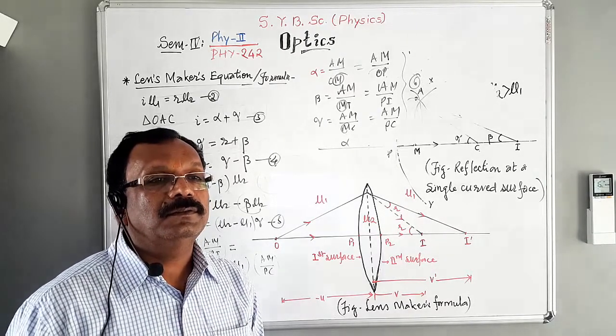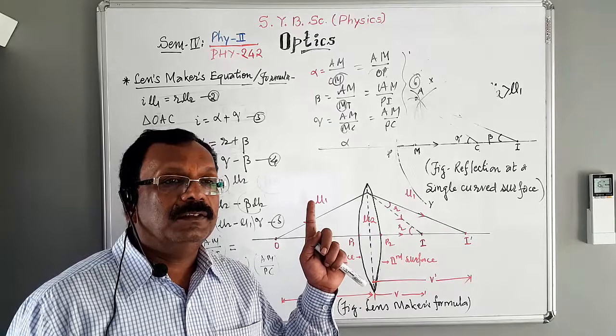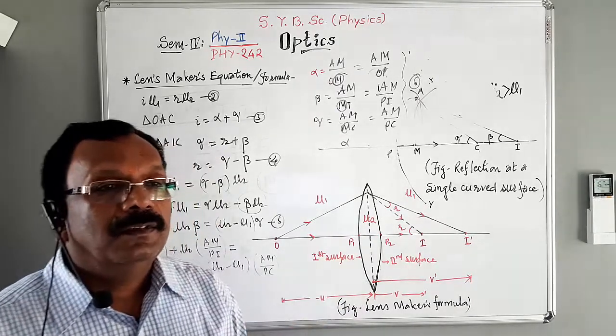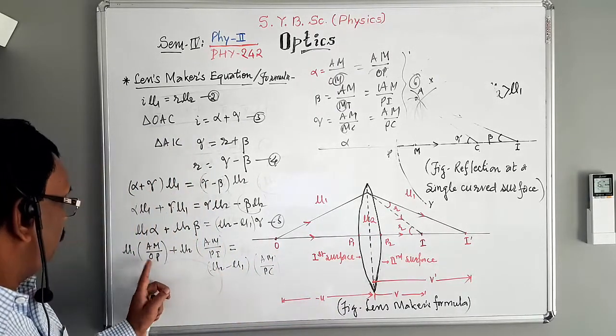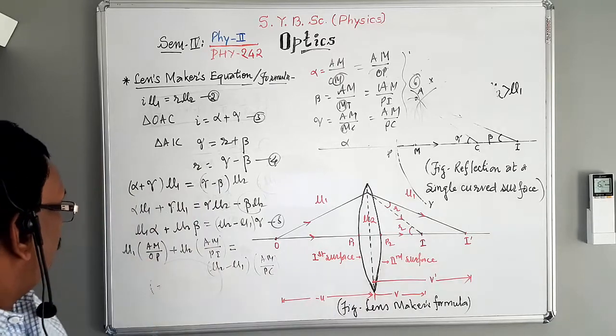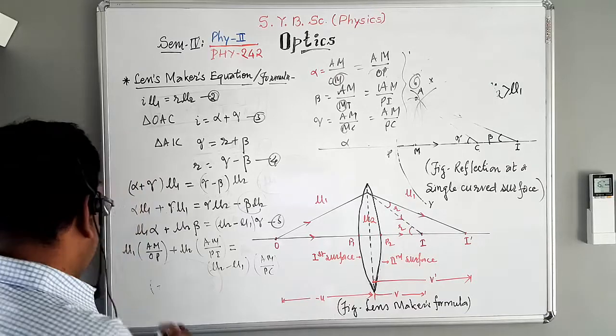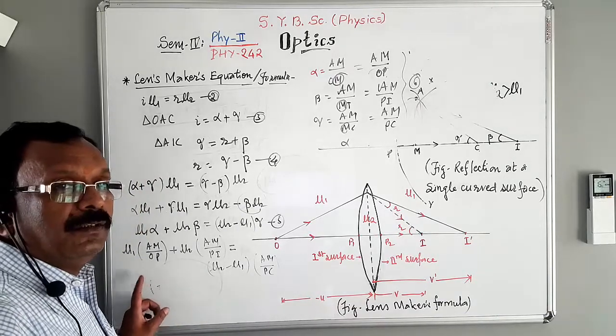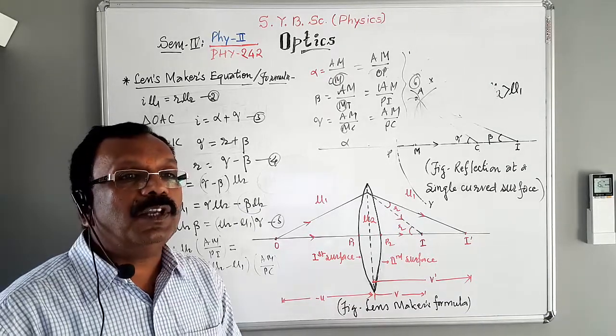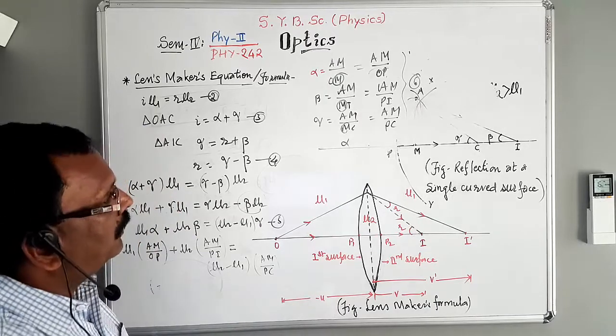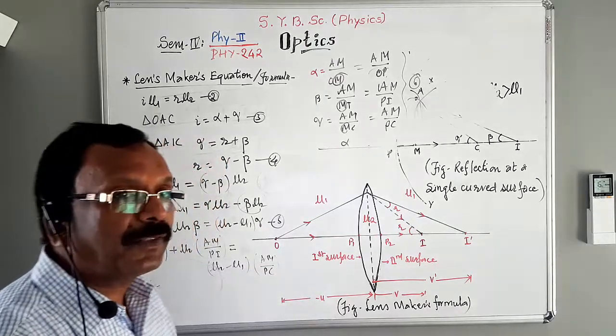From this equation we simply write mu1 upon OP, because AM is very small.